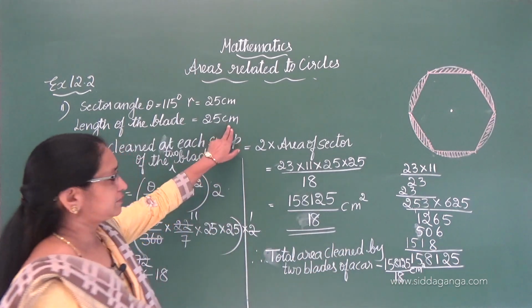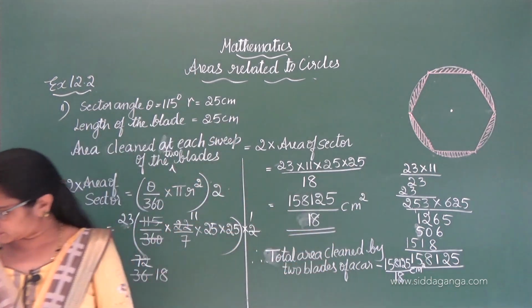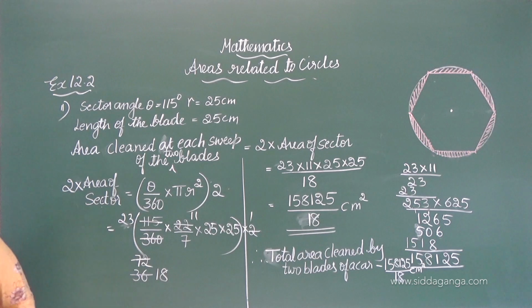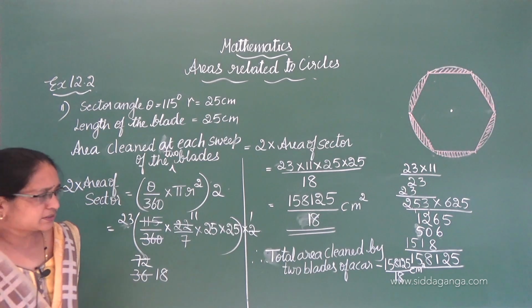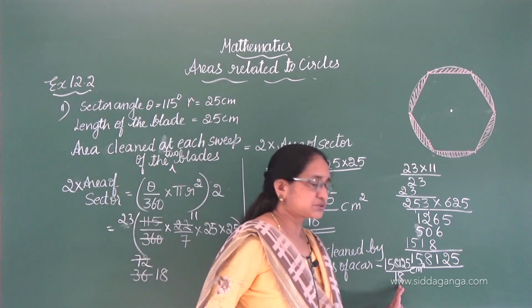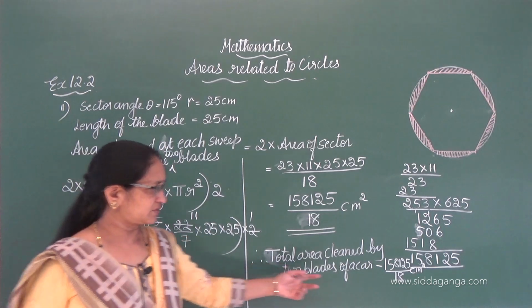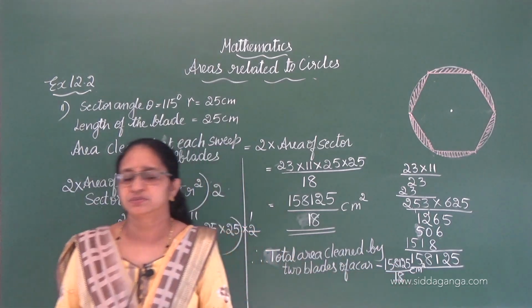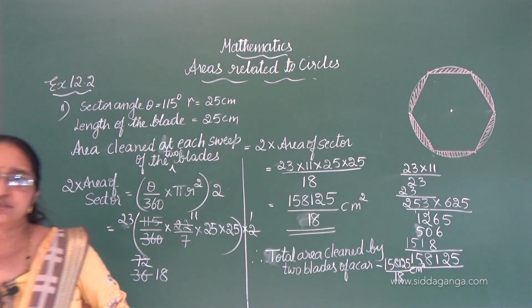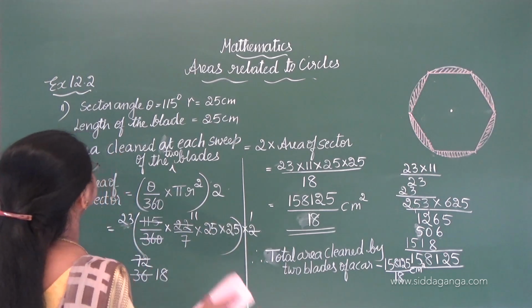See, because centimeter, so centimeter square. 158125 divided by 18. I hope you understood this. Okay. This you can leave like this, or you can find out the decimal form and keep the answer in the decimal form also.